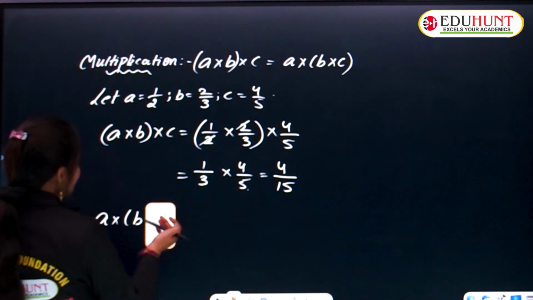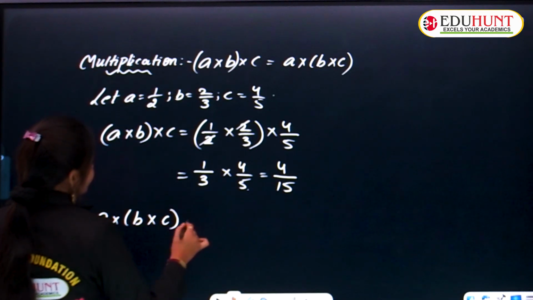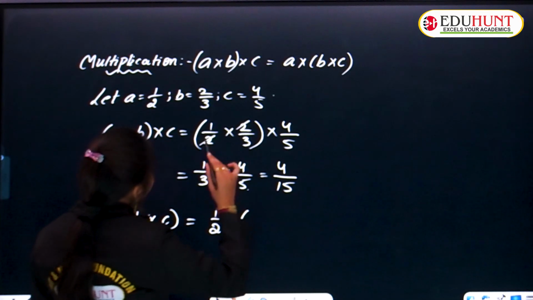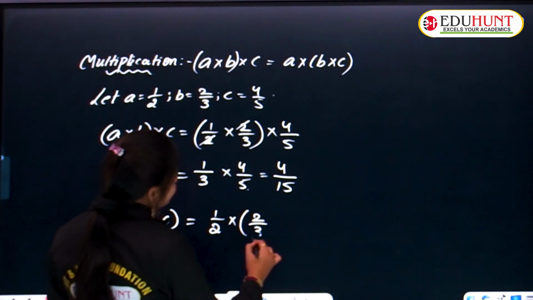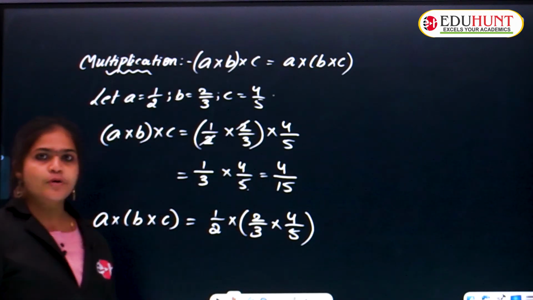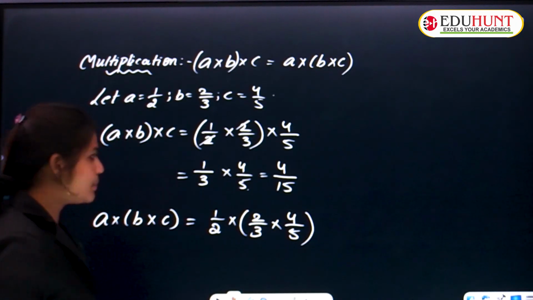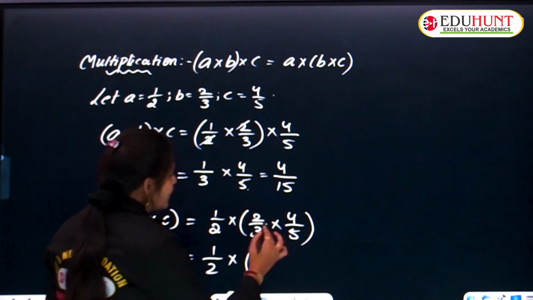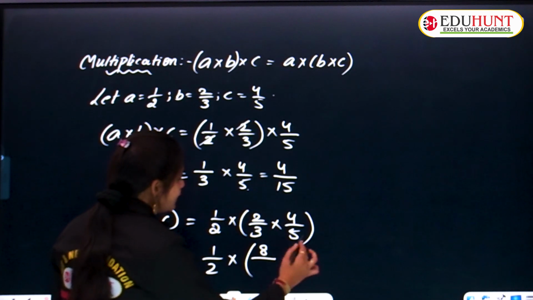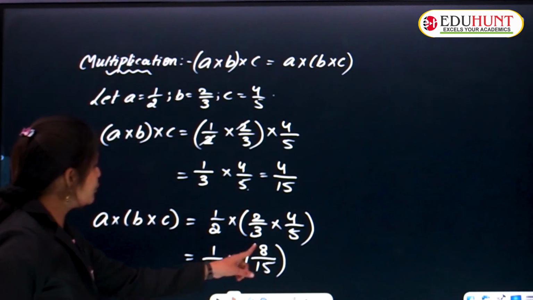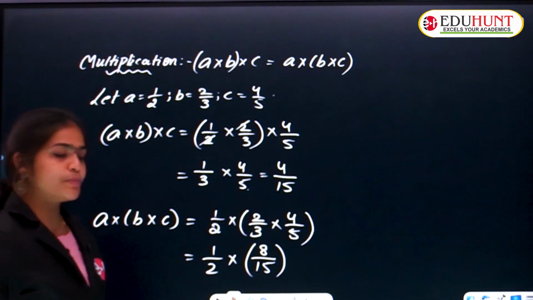Now check the other condition, A into (B into C), which is equal to 1 by 2 into (2 by 3 into 4 by 5). Any cancellations possible here? Not possible. That's why we directly take the product of numerators: 2 fours are 8 by 3 fives are 15. Clear? Now 1 by 2 into 8 by 15. Any cancellations possible?